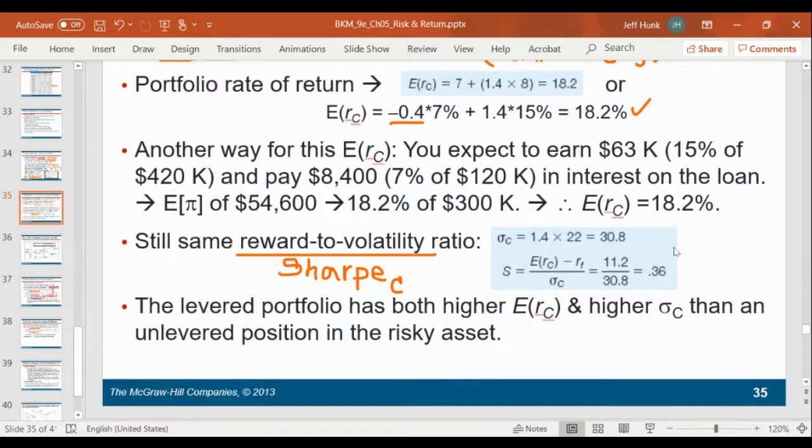The risk premium on the complete portfolio will be E(rC) minus rF, right?